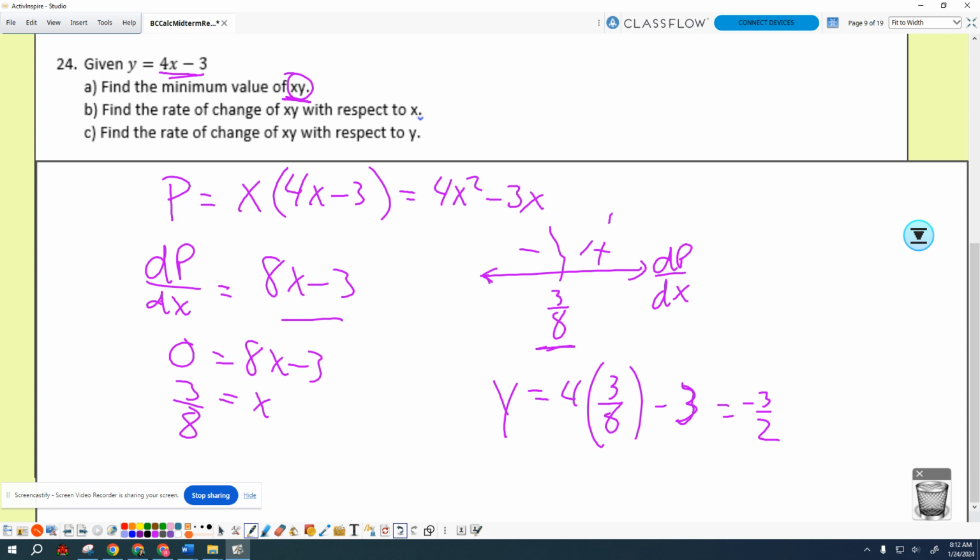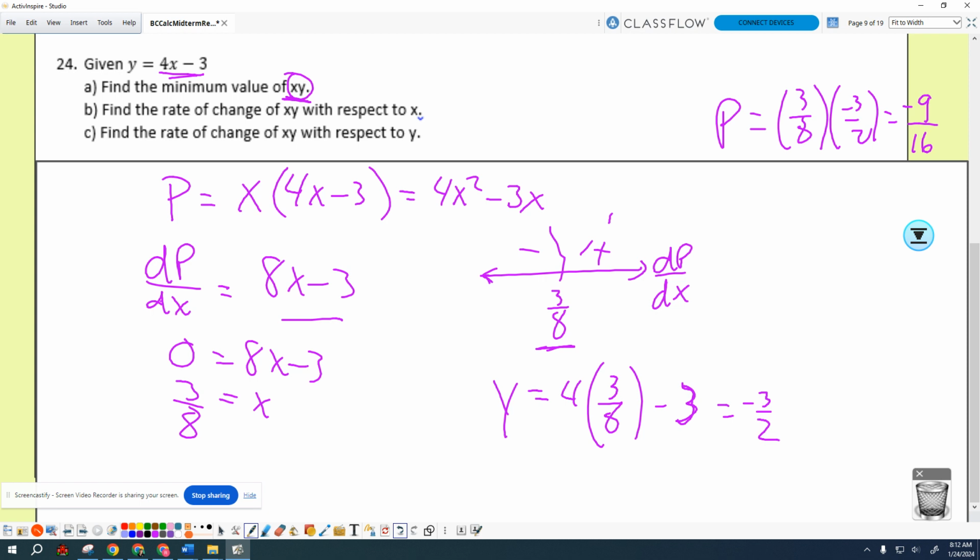And that's also not the right answer. What are they looking for? The minimum product. The product of x and y, that's what they're looking for.